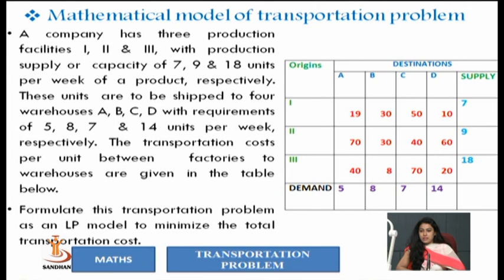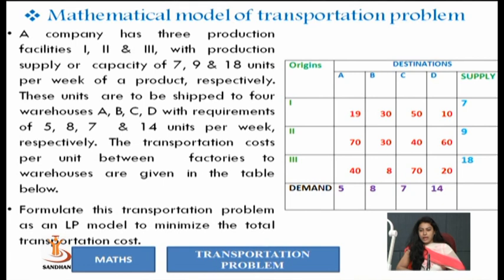The numbers like 19, 30, 50, 10, 70, 30, 40, 60, 48, 70 and 20 are the different transportation costs that are associated with different origins and destinations. Also, the supply numbers like 7, 9 and 18 mean that origin 1 can supply 7 units, origin 2 can supply 9 units and origin 3 can supply 18 units.